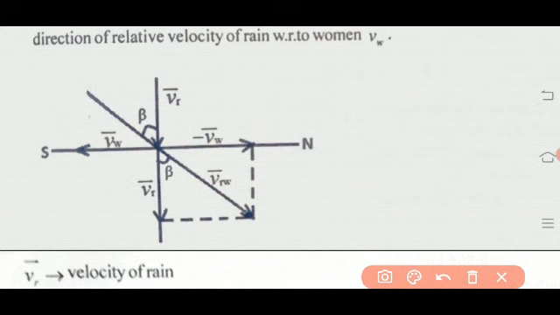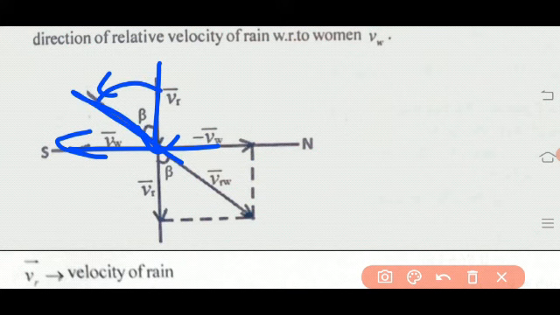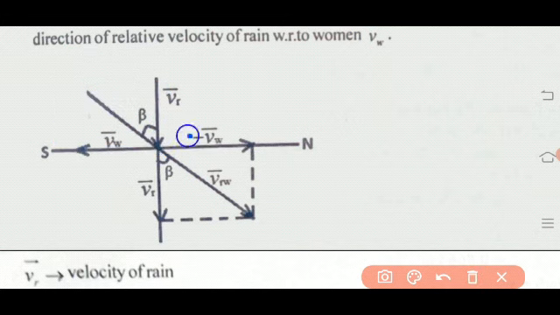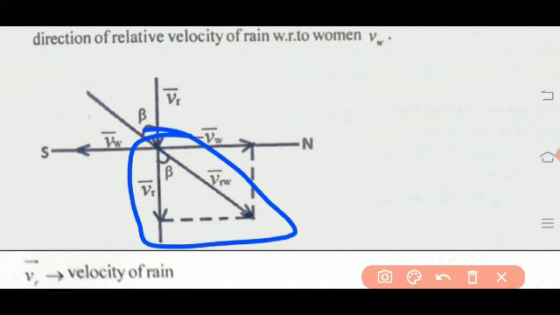Now our aim is to find the angle at which she should hold her umbrella. If she is riding in the south direction and rain is falling in the vertical direction, we need this angle, beta. In this triangle we can find beta.